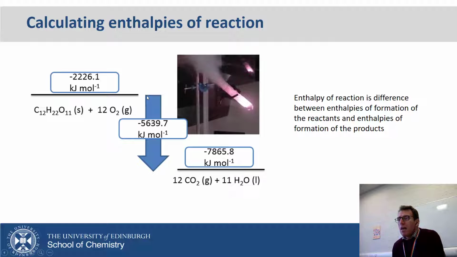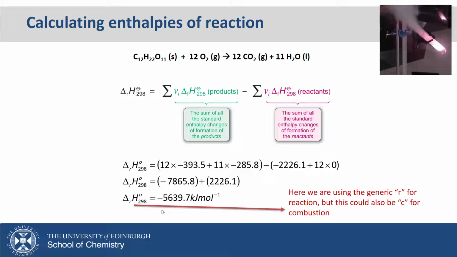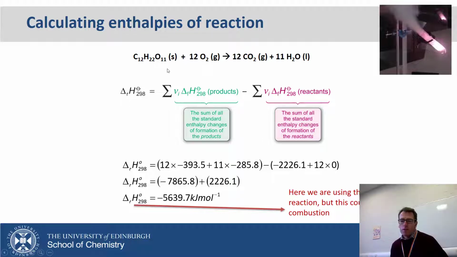So that means we can work out the enthalpy of reaction, products minus reactants, by saying the sum of the values of products minus the sum of the values of reactants gives us this enthalpy of reaction. Okay, so this is a really useful way of working out enthalpies of reaction, because, as I say, there are textbooks effectively of values that we can look up, these standard enthalpies of formation, so we can work out what the enthalpy of reaction is without having to go into the lab.